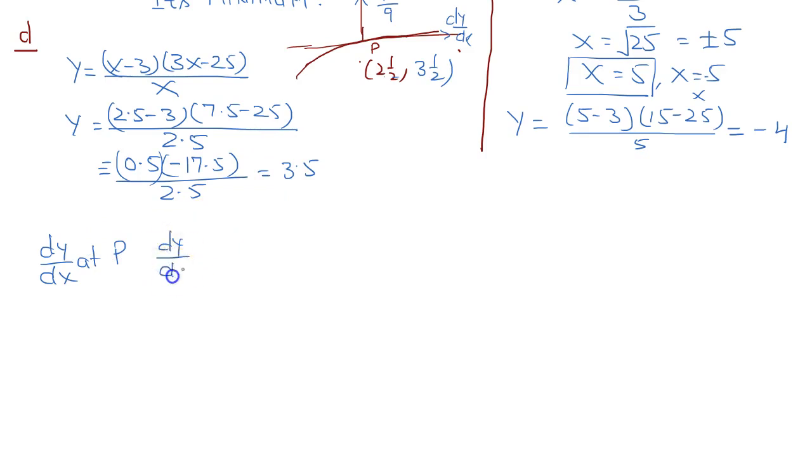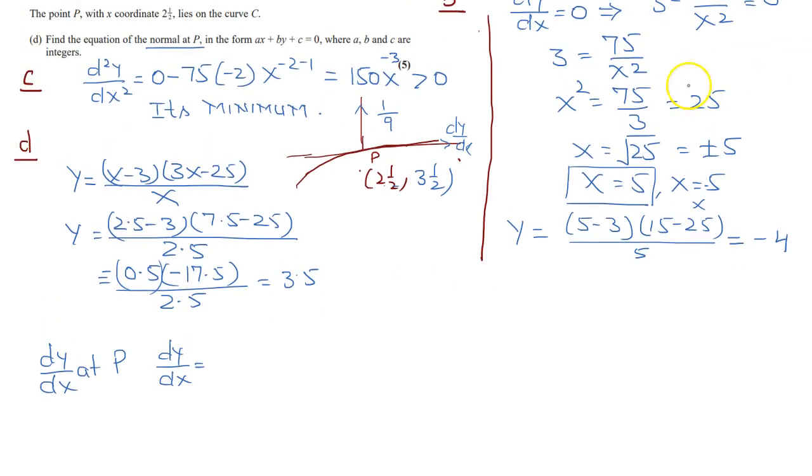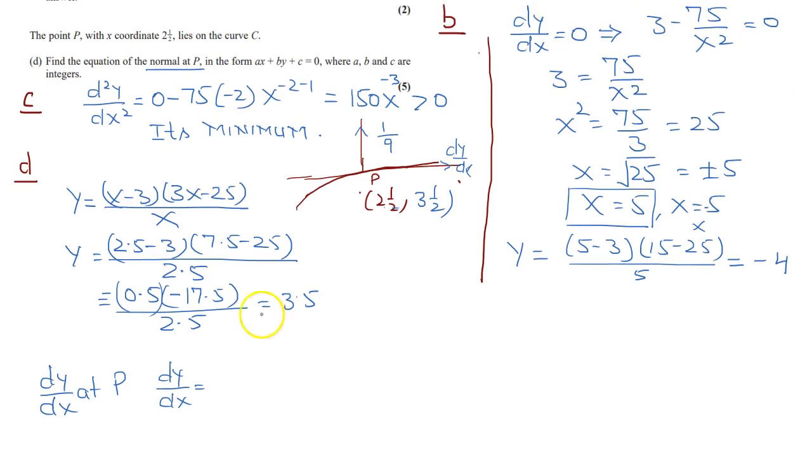So dy over dx is equal to 3 minus 75 over x square. 3 minus 75 over x is 2.5 square. So this is 3 minus 75 over 2.5 multiply 2.5.